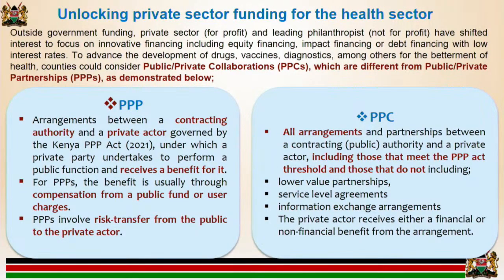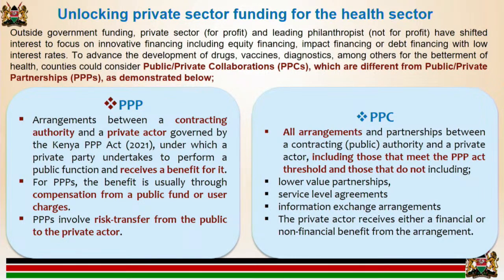To say a little bit more about public-private collaborations and public-private partnerships, there's a difference between the two. A public-private partnership is an arrangement between a contracting authority and a private actor, and both of the parties receive a benefit.